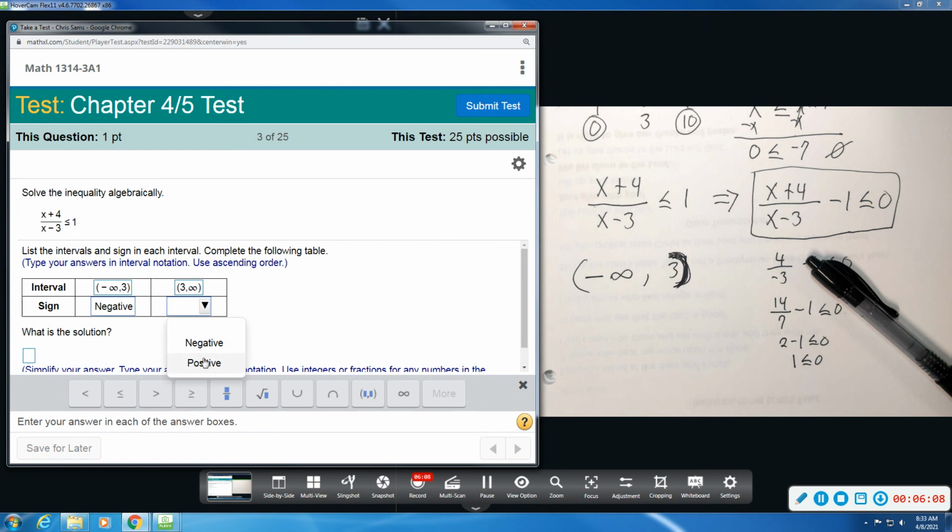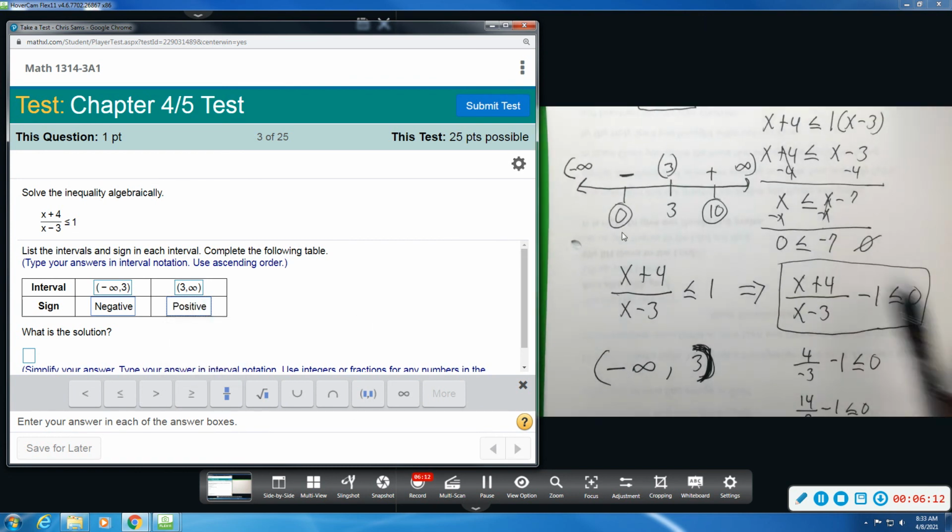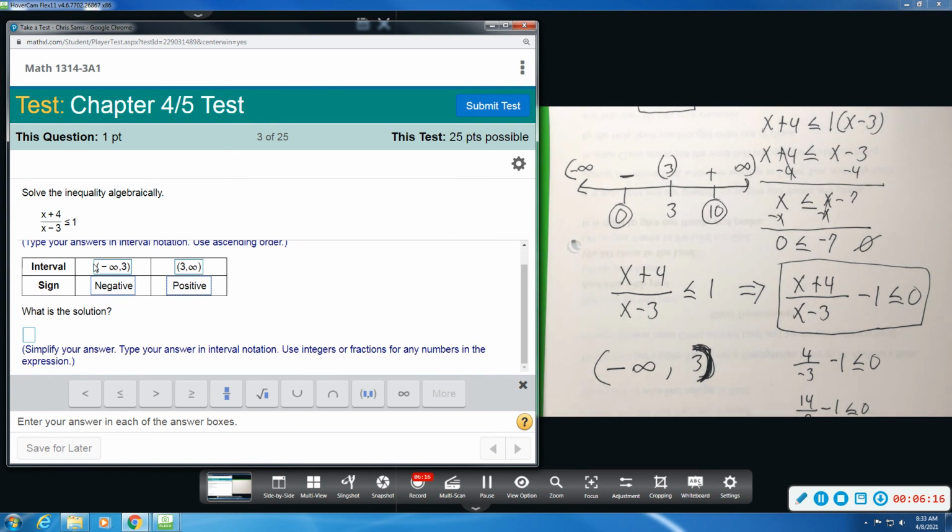The sign for this one was positive from our number line here. And then what is the solution? It's the one that is negative, less than 0. So we're going to be doing negative infinity to 3. And both of those will be in parentheses because we cannot use 3.